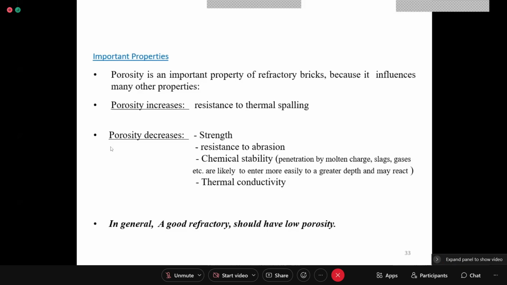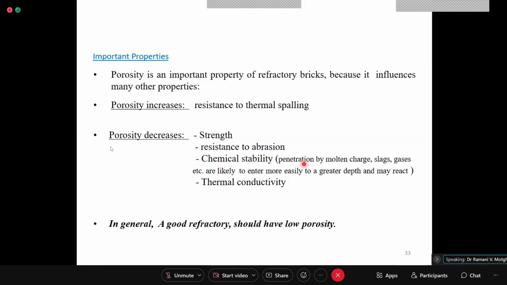Then important properties. Porosity is an important property of refractory brick because it influences many other properties. Porosity increases resistance to thermal spalling, and decreases strength, resistance to abrasion, chemical stability, and thermal conductivity.